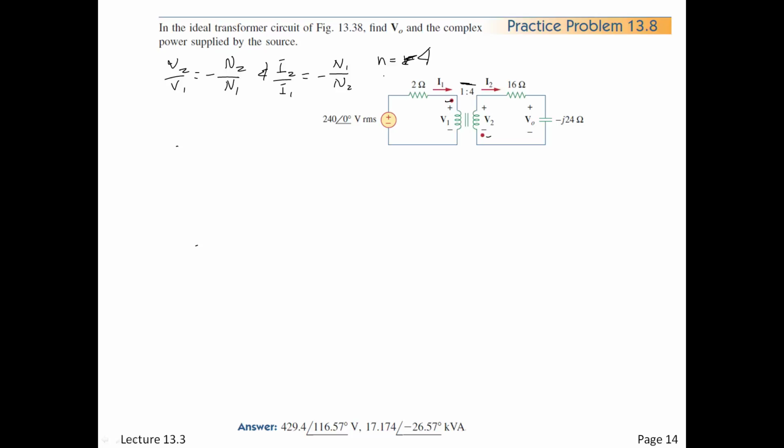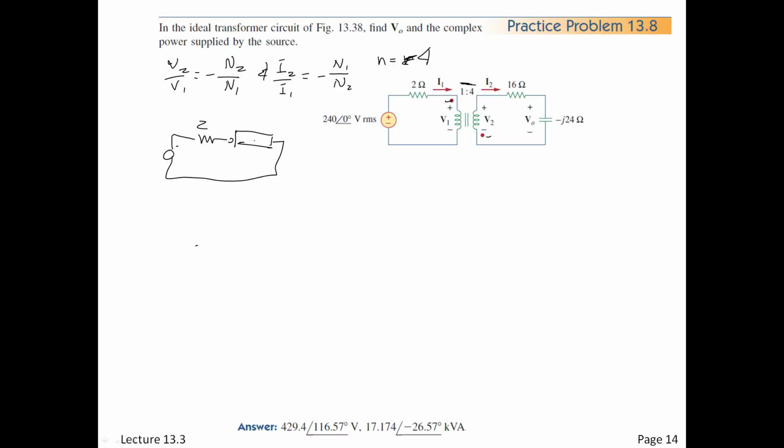We want to find V0, but basically it's a problem of solving for the currents. So we're going to want to end up with this little picture. Here's our 2 ohms. And if we do that little knobby thing, there's our reflected output.